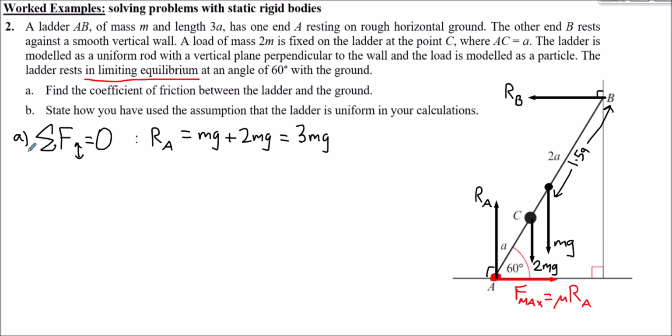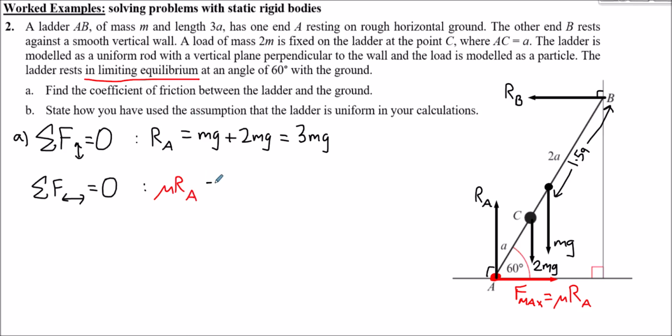We can now think about forces going in the horizontal direction. So let's consider forces horizontally. Because it's in equilibrium, they'll also sum to 0. So using that idea, any forces acting to the right are F max, which is mu RA. So mu RA.